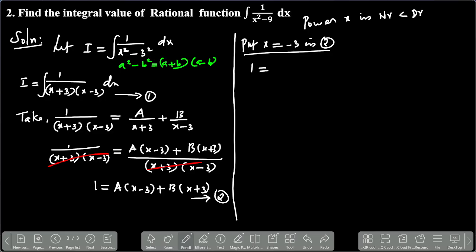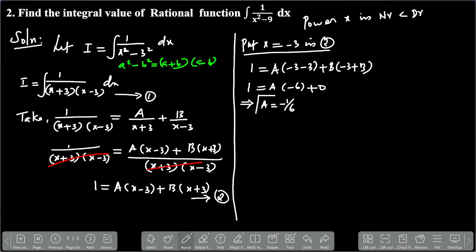Now a into minus 3 minus 3 plus b into minus 3 plus 3. That is 0. Now 1 equal to a into minus 6 plus 0, which implies a equal to minus 1 by 6.